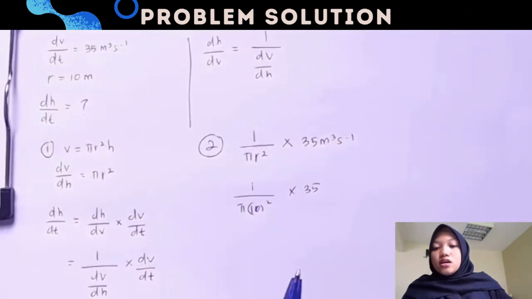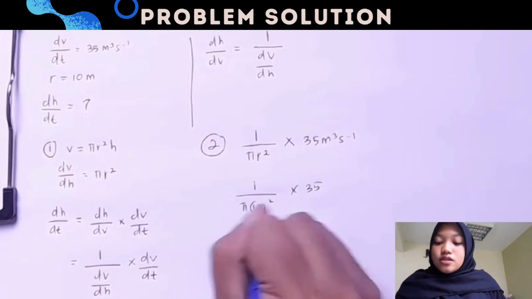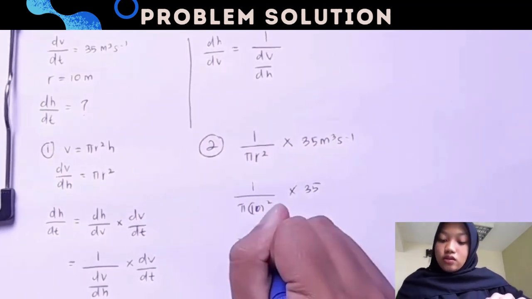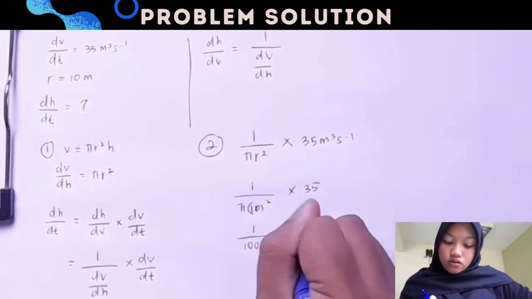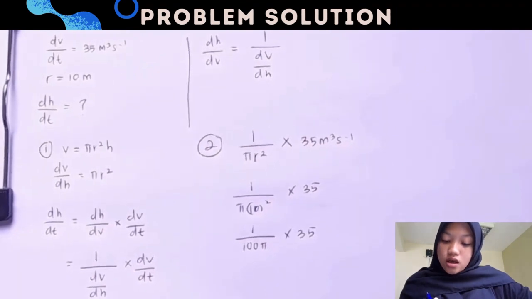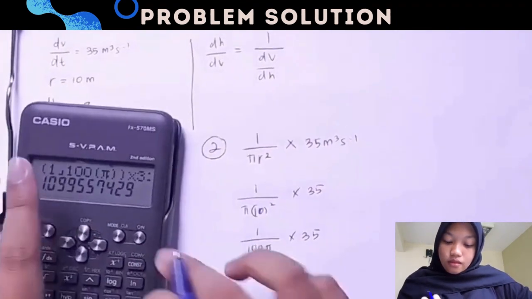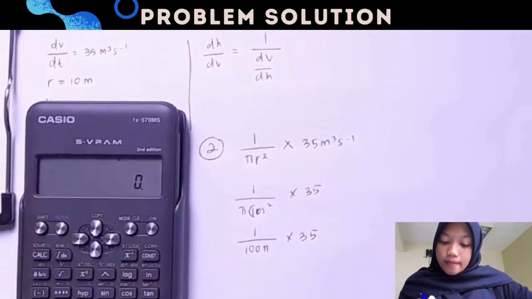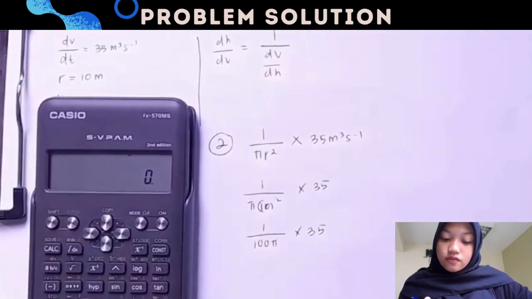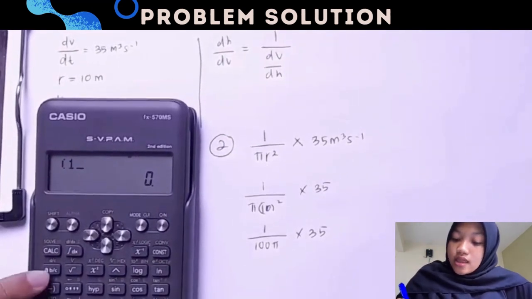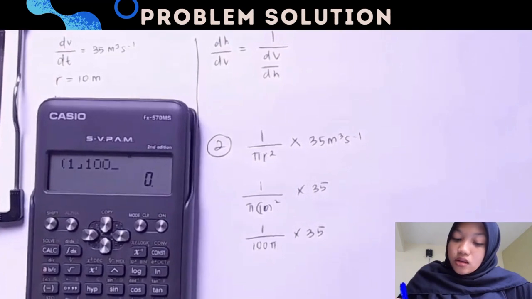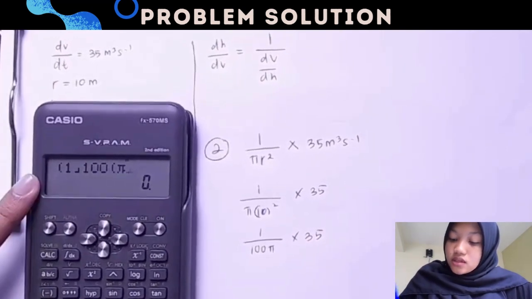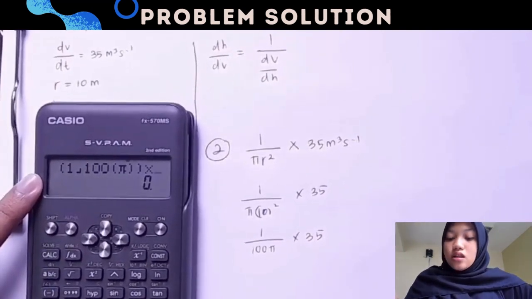So you just calculate the equation: 1 over 100 pi multiplied with 35. So we will get 0.09956. This is the final answer.